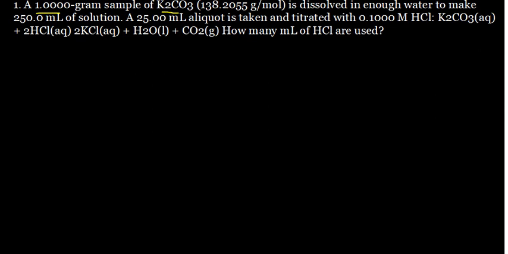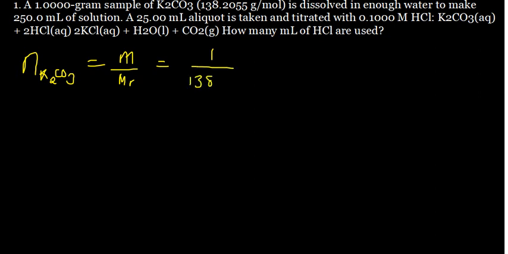All right. Since we already know the molar mass and we know the mass of potassium carbonate, we can determine the number of moles directly from here. The number of moles of this potassium carbonate is given by mass over molar mass. So this will be the mass, which is 1, over the molar mass, which is 138.2055.